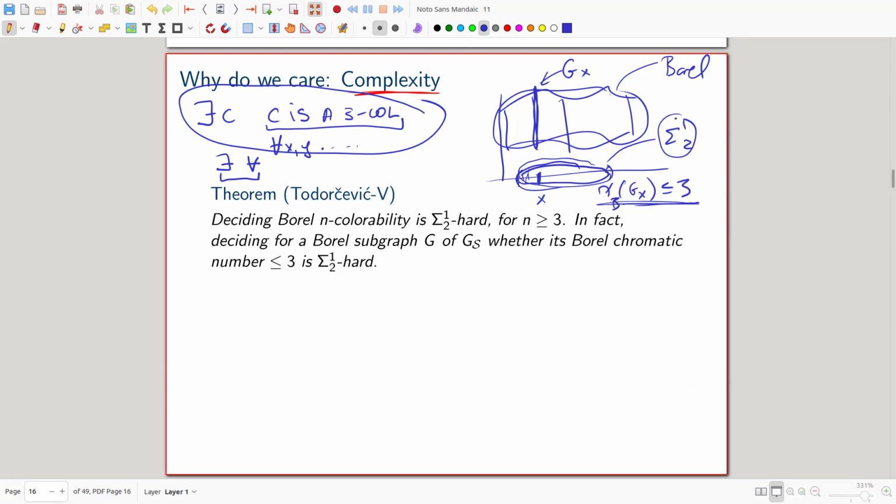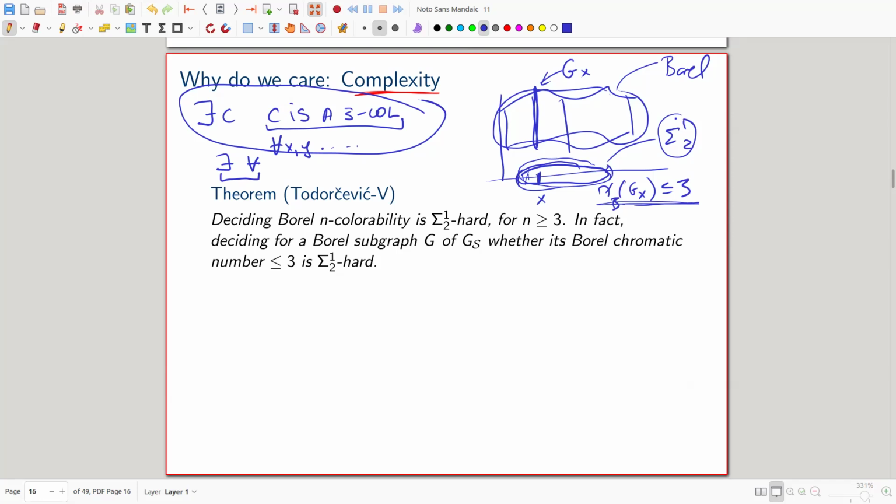It turns out that such sets exist, and you can say whether a set is sigma 1, 2 hard, which says that it is at least as complicated as the most complicated sigma 1, 2 set. There is a nice analogy with these hardness statements from computational complexity or hierarchies.